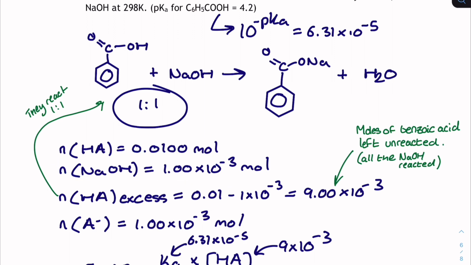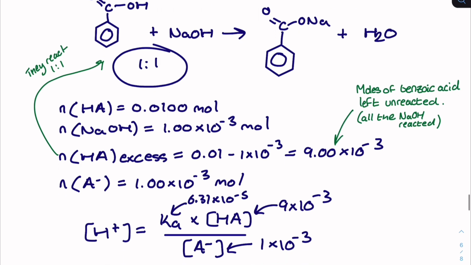Now you can see here the difference between these two numbers is going to be the number of moles of HA that are going to be remaining behind in excess, and that's equal to 9 times 10 to the power of minus 3, and that's the moles of benzoic acid left unreacted. All of the sodium hydroxide has gone. I've also produced in this reaction some moles of the A minus because that's the product when the acid and the strong base react together.